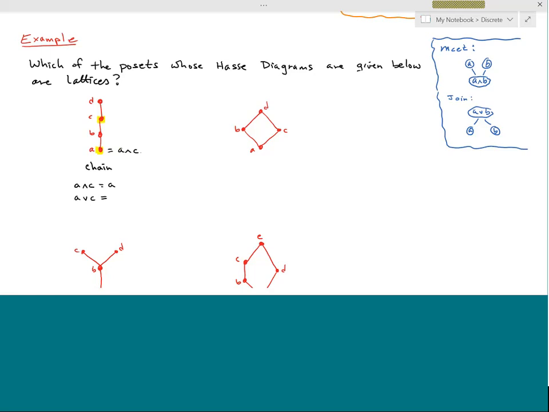Yep, perfect. That's one of the nice things about chains or subchains, if you want to be precise here: the highest element in that little chain or subchain is going to be your join, and the lowest element in that chain or subchain is going to be your meet. That's actually really, really critical because that's something that we'll actually deal with in the larger graphs as well.